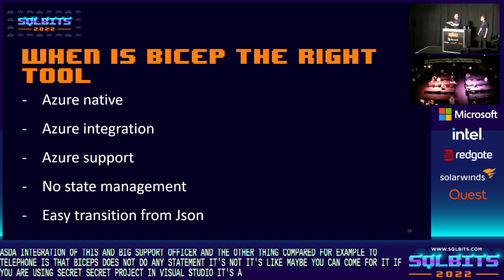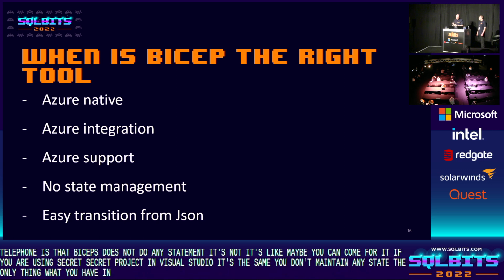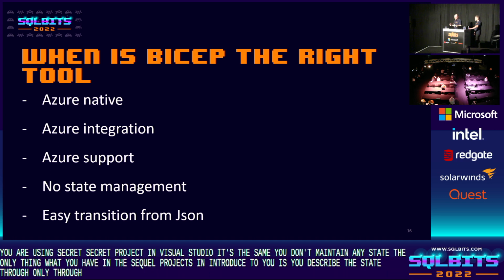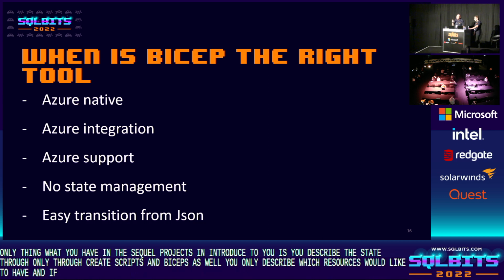It's the same. You don't maintain any state. The only thing you do in SQL projects in Visual Studio is describe the state only through create scripts. And this is the same in Bicep as well. You only describe which resources you would like to have.